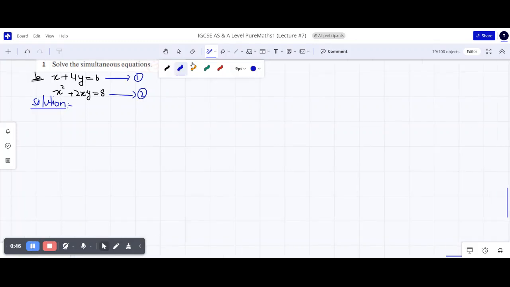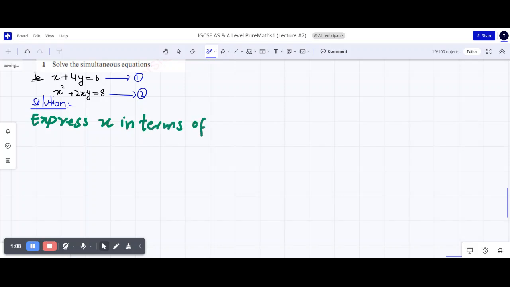In equation 1, we have to express x in terms of y. So we shift all the other values to the other side of the equals sign, and x stays the same. It will be equal to 6 minus 4y, which is equation 3.